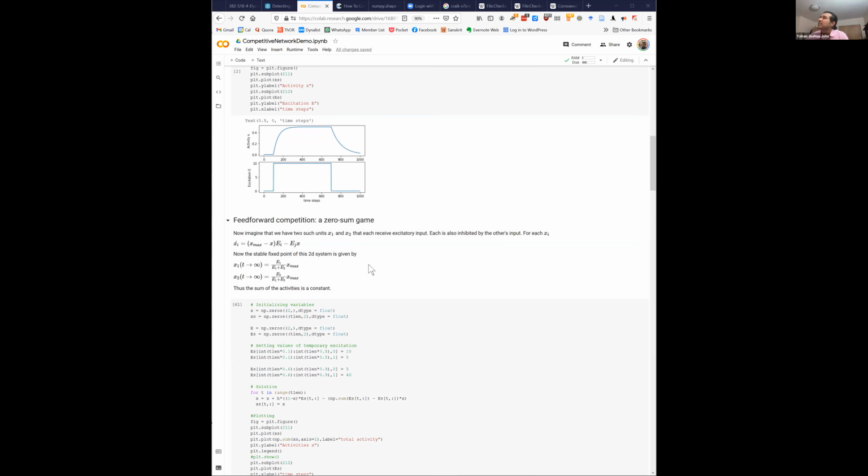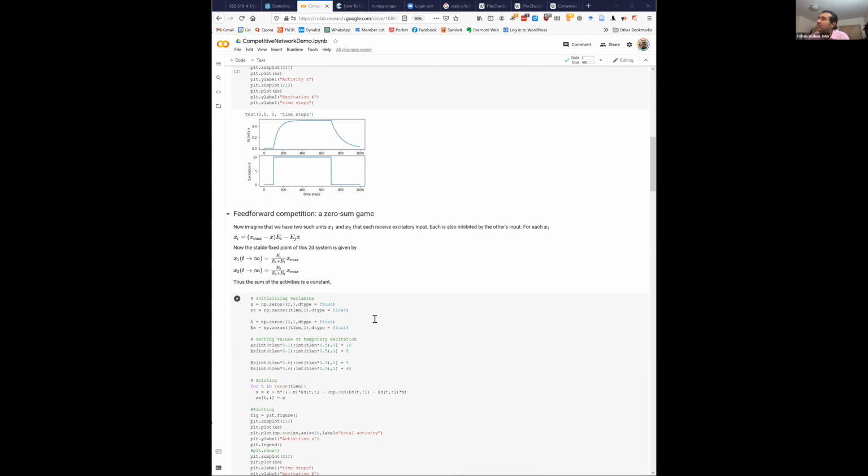Yeah, if you do it even with just the bottom-up inputs and ignore the feedback cases, just the fact that your inhibition is the other inputs is what gives you this nice term of the total being this constant, the overall input.